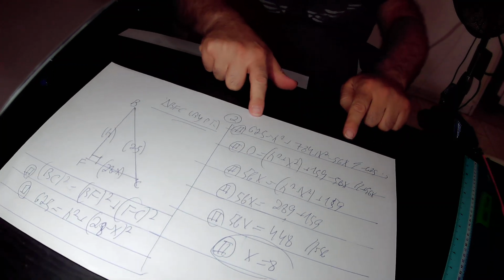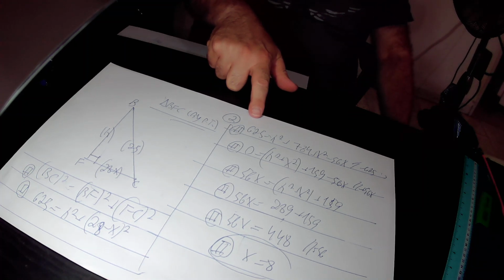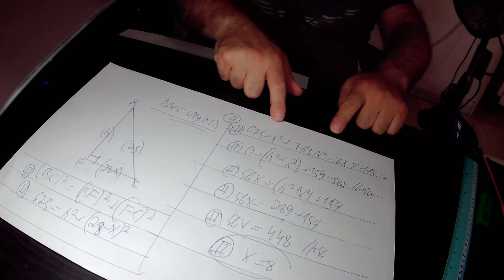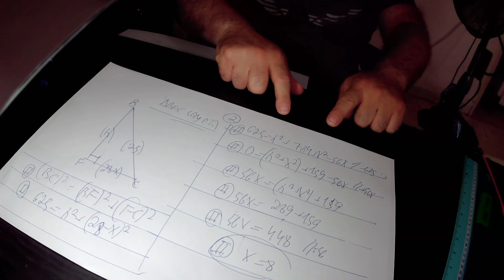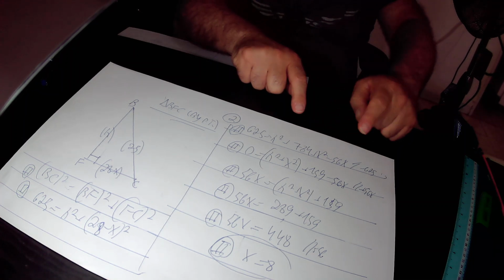Here, we subtracted 625 from this equation, so this side of the equation we are left with nothing, that is to say 0. On the other side of the equation, we have X squared plus X squared, and 784 plus 64 minus 625 equals 159 minus 56X.